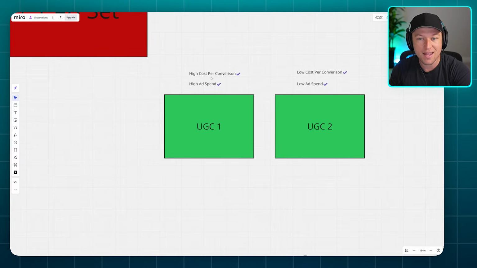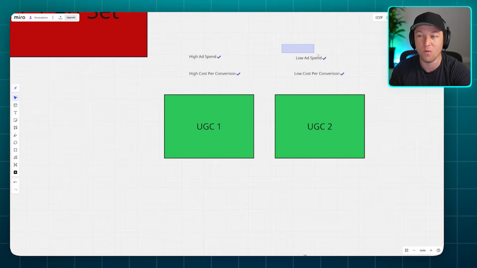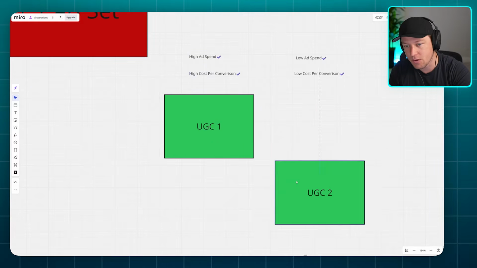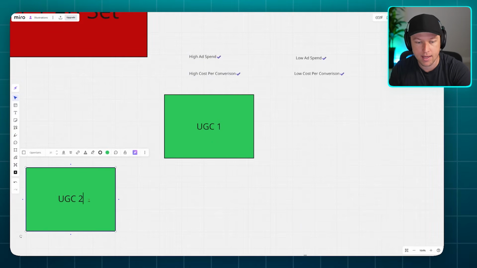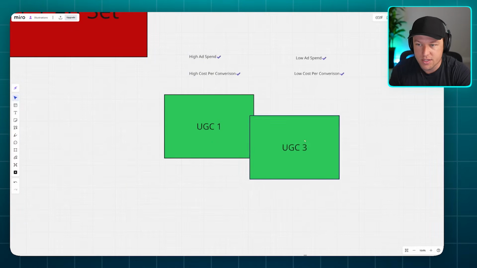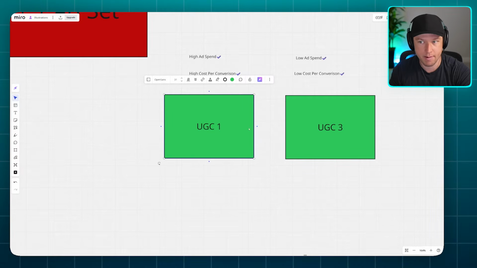The primary indicator of success that I'm going to see is mostly ad spend, right? So if we've given this well enough time, and I see a lower cost per conversion but way lower ad spend, and this one has way higher ad spend, I'm going to leave this one on, cycle the other one out, and bring in another UGC to test against this one.